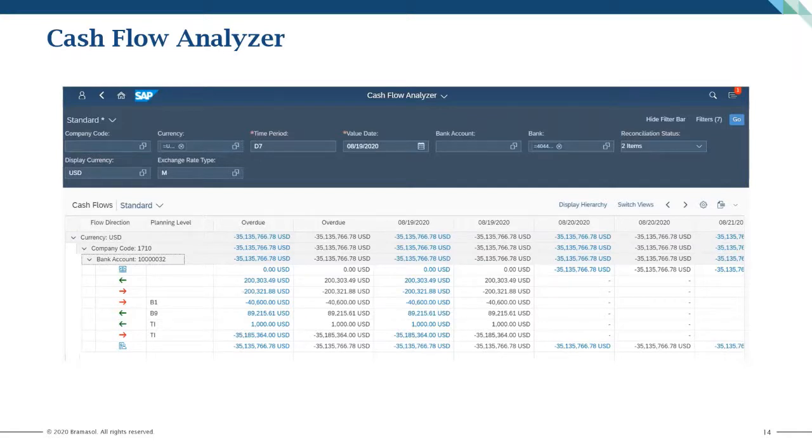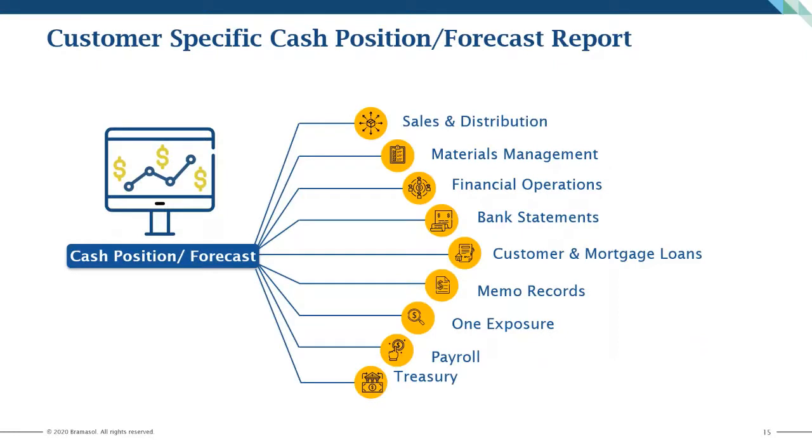And now I wanted to go into what this last webinar in the series was, which is that we're going to start taking your cash position and your forecast and looking at them together holistically.